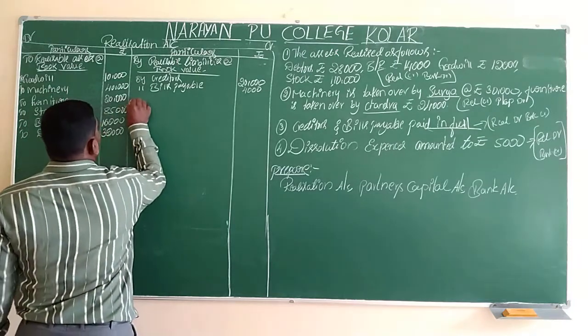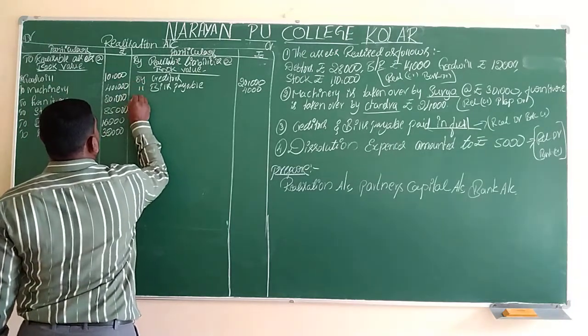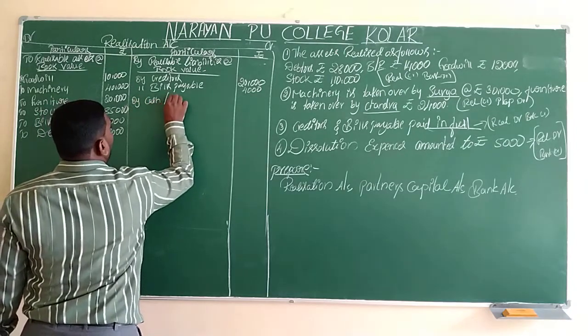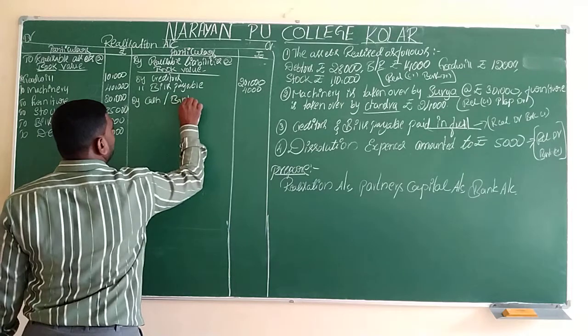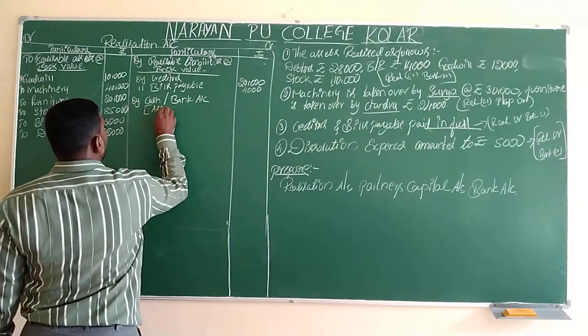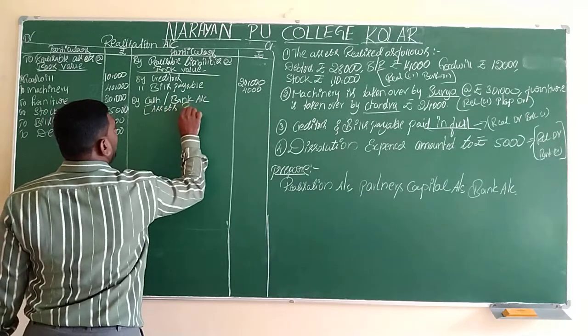What we have to do here? By cash or bank account. In bracket we have to mention assets realized.